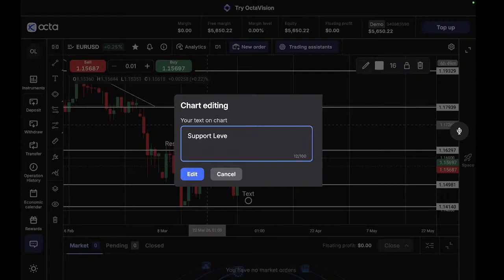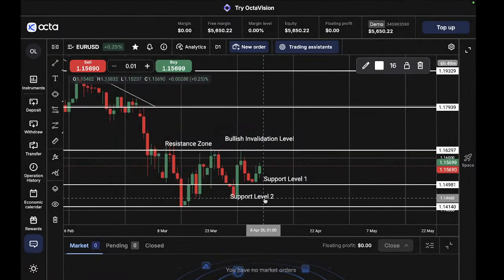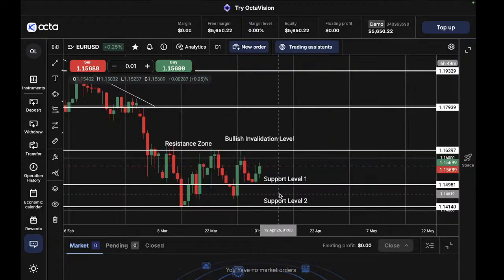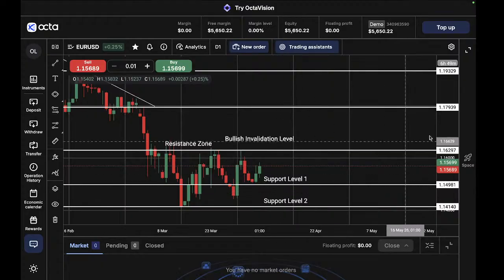Support level 2. Okay. So if you are following, let me know in the chat box. So we have support level 1 and support level 2.